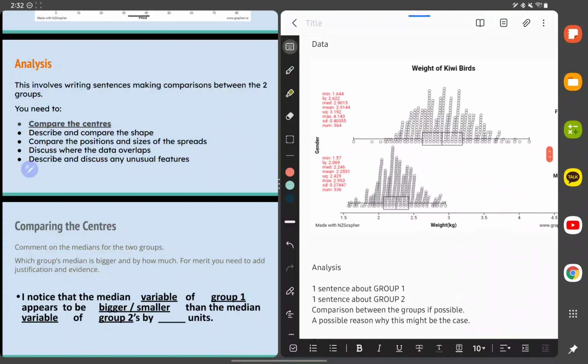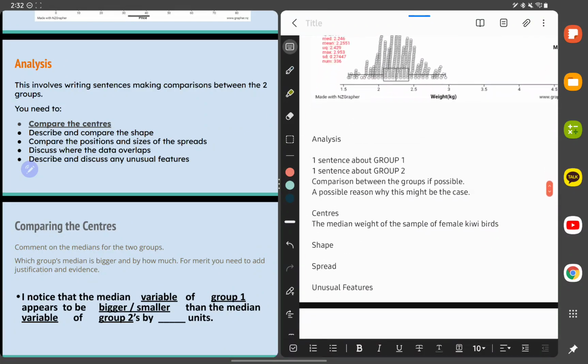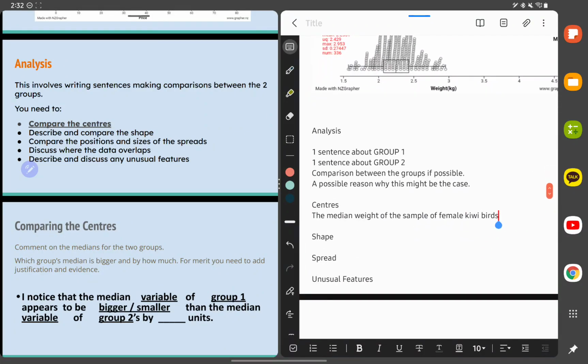The sample is the data points we're looking at. We're not looking at every single female kiwi bird in the world. We're just looking at however many we have measured or have the data for. So that's why we call it the sample. It's not necessarily every single kiwi bird. Now, the median weight of the sample of female kiwi birds is, and then we just look back up there, 2.9 kilograms, not kilometers, kilograms. Cool.